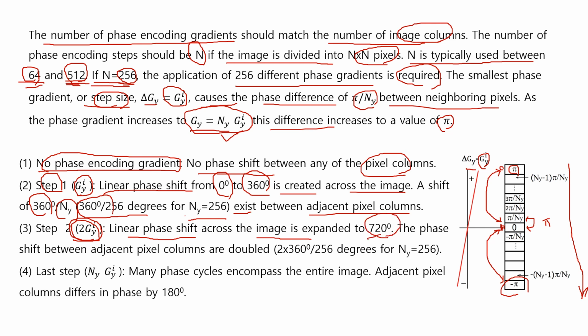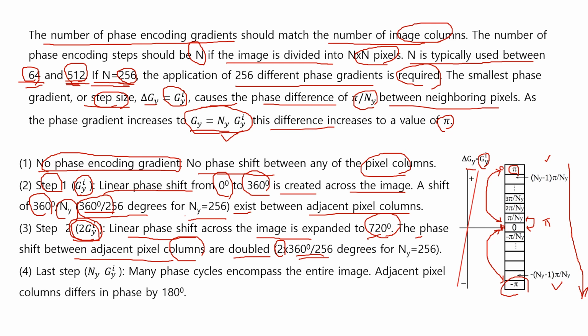So 720 degrees from here to there. So the phase shift between adjacent pixel columns is also doubled, just doubled compared to this.